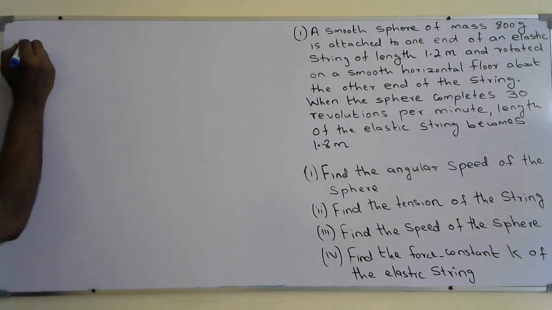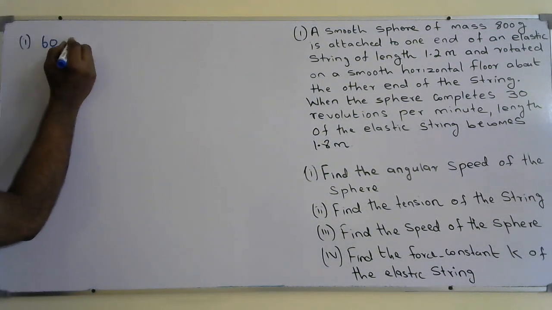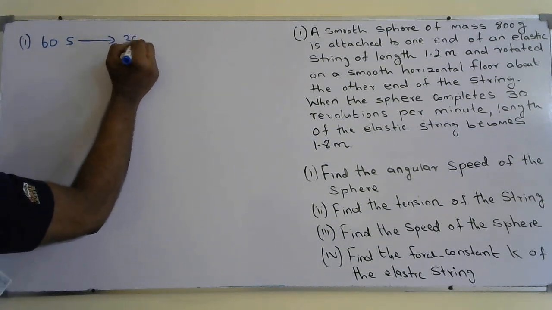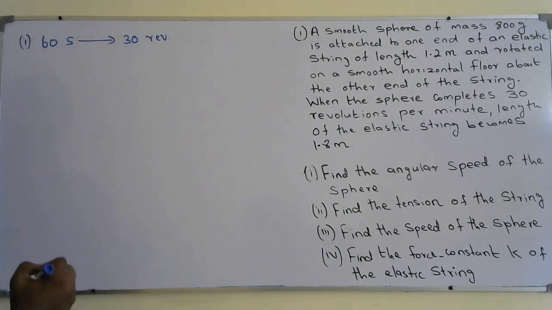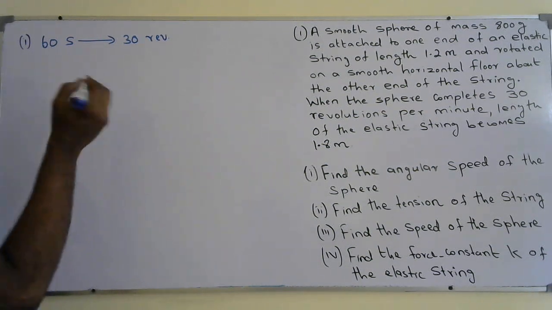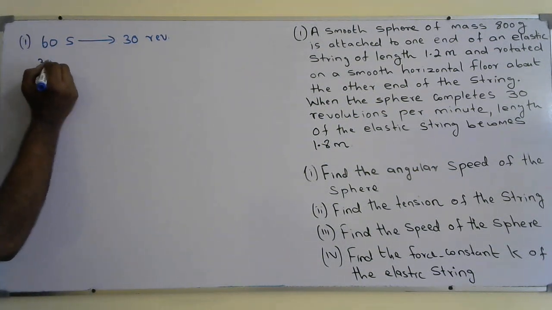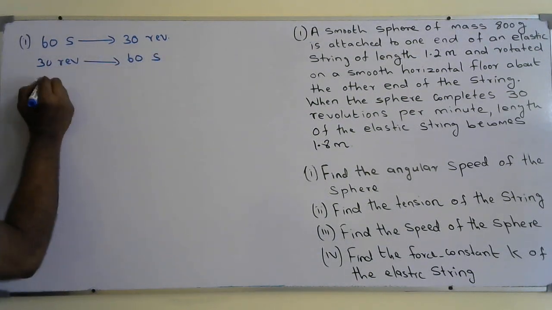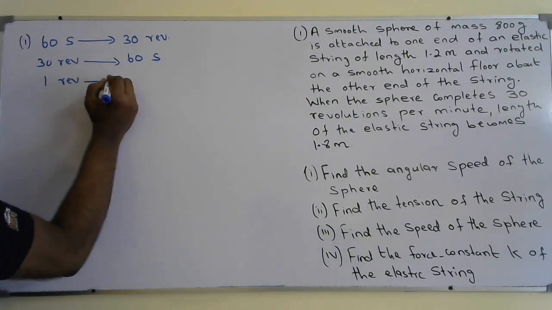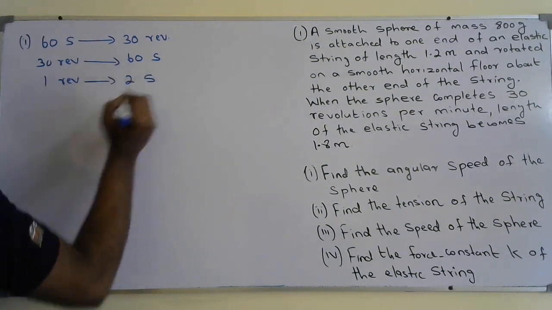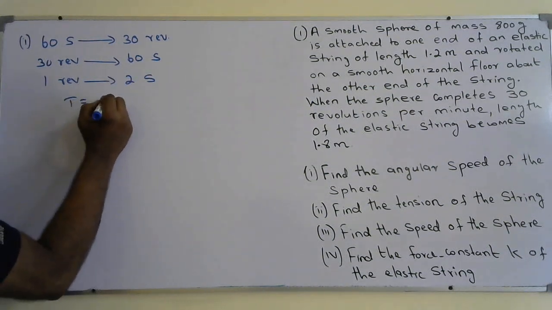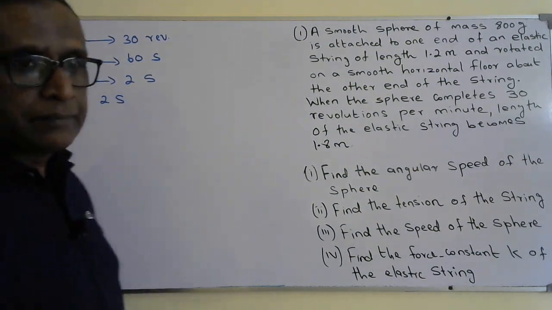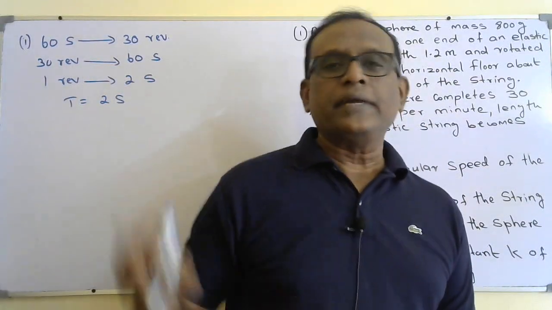So the time taken for one revolution, one full orbit, is 2 seconds. That is the time period, T equal to 2 seconds.